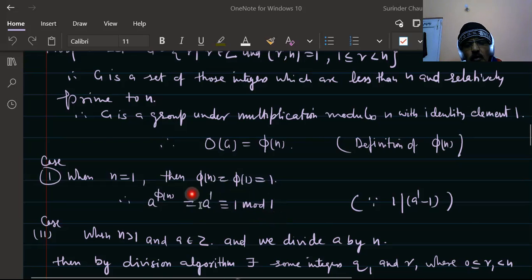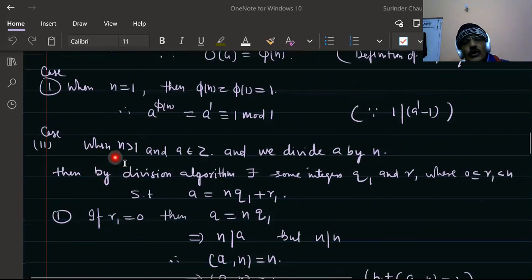What is the meaning of this? This means 1 divides a minus 1. 1 is a divisor of every integer, so this is true. The result a to the phi N is congruent to 1 modulo N is true for N equal to 1.